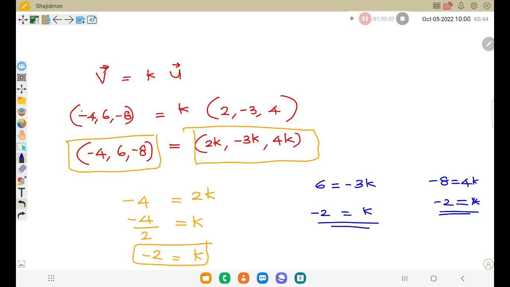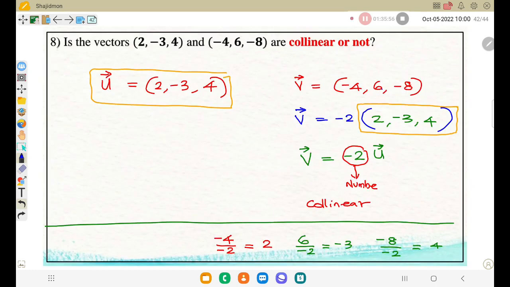So we can write vector v equals a number, that is minus 2, multiply vector u. That means these two vectors are collinear. Like this also you can do, up to you. So collinear, this is the idea: one vector equal to a scalar number multiply another vector.